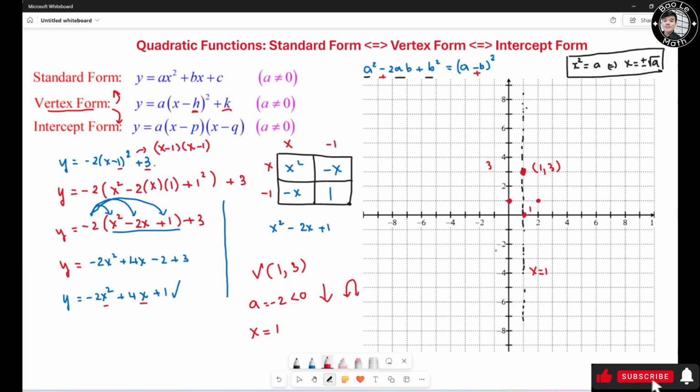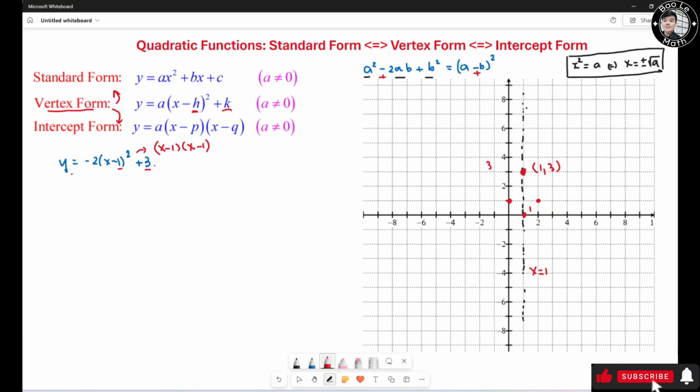And then the next step is to find the zeros, right? In order to find the zeros of this quadratic function, I need to let y equal to 0, right? So I have negative 2 times s minus 1 squared plus 3 equal to 0.